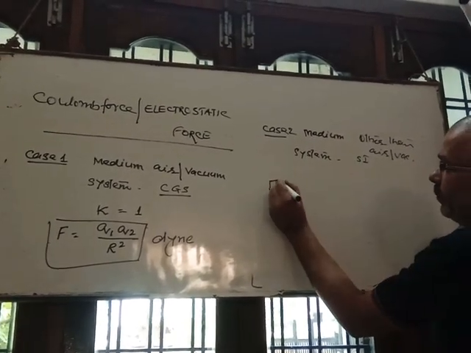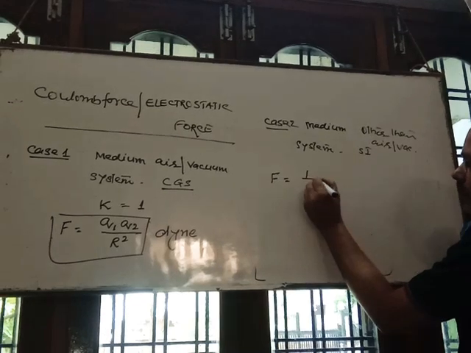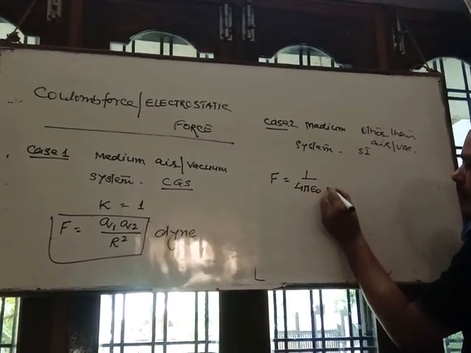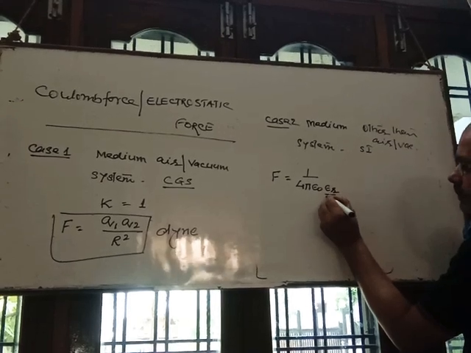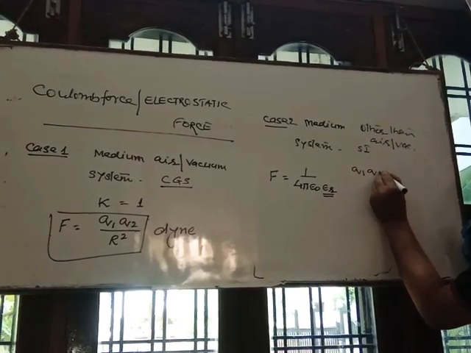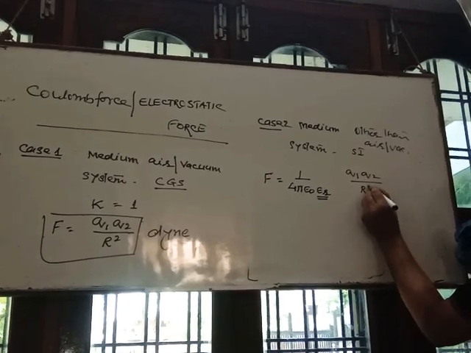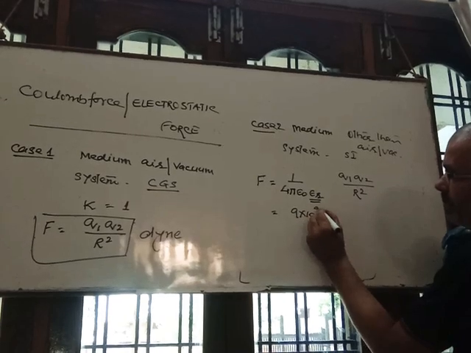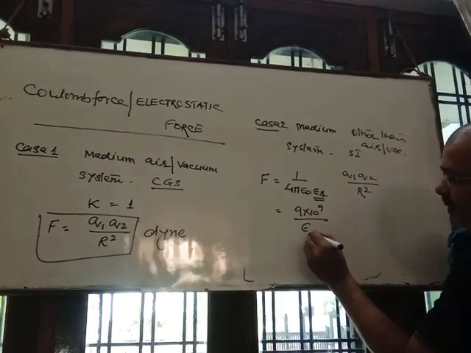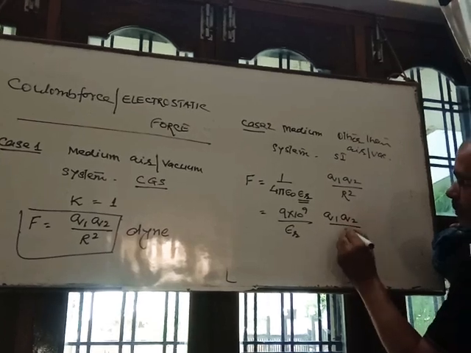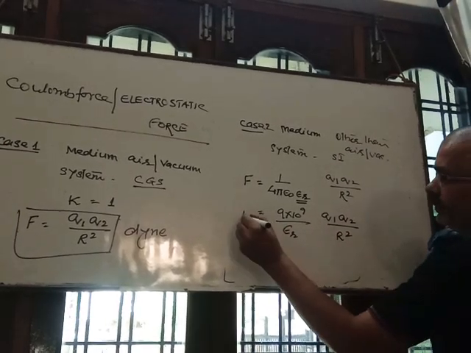Then the electrostatic force becomes F equals 1 upon 4 pi epsilon 0 epsilon r Q1 Q2 by r square, or you can say 9 into 10 to the power 9 by epsilon r times Q1 Q2 by r square.